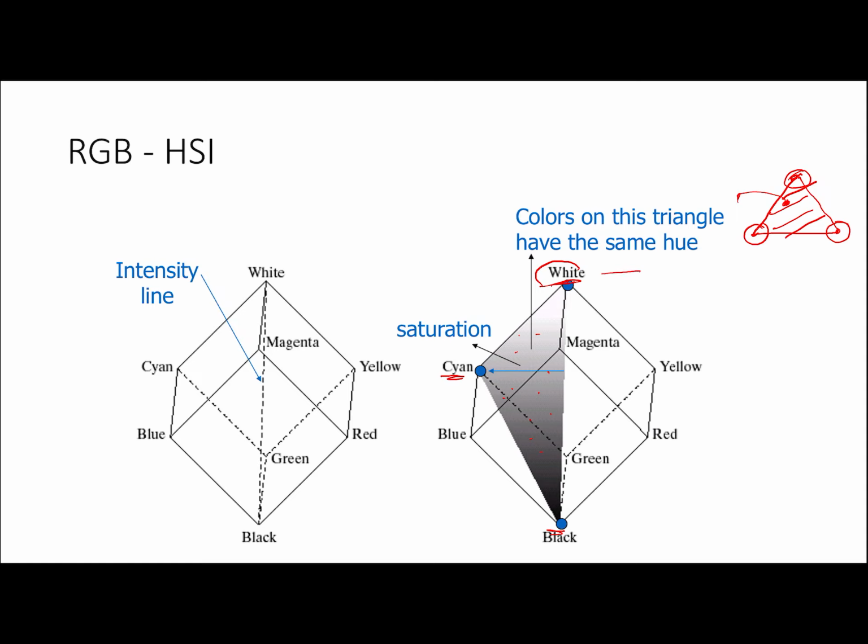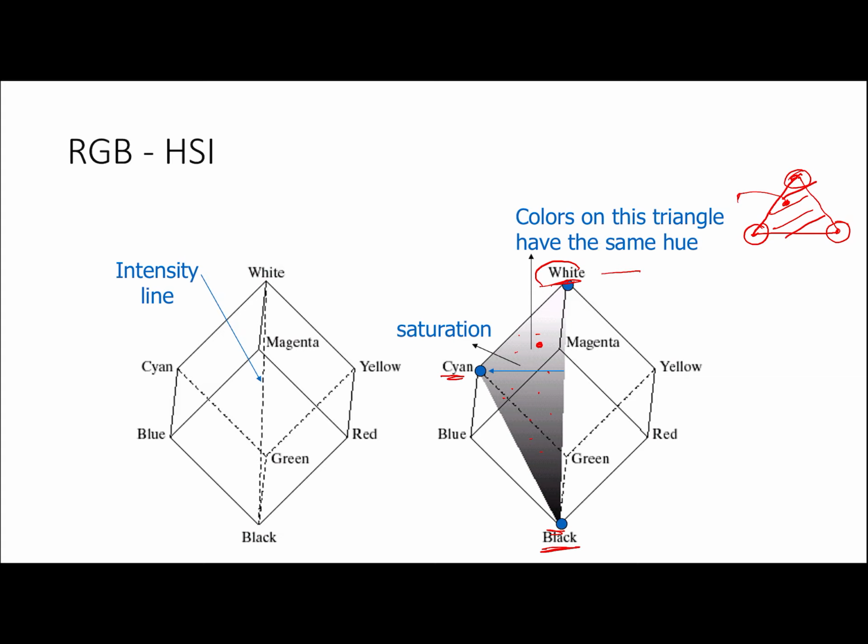Now because white is a balanced color which contains all the primary components in equal proportion, and black does not contain any color component, these 2 points, white and black, cannot contribute to the hue component associated with any point lying in this plane.